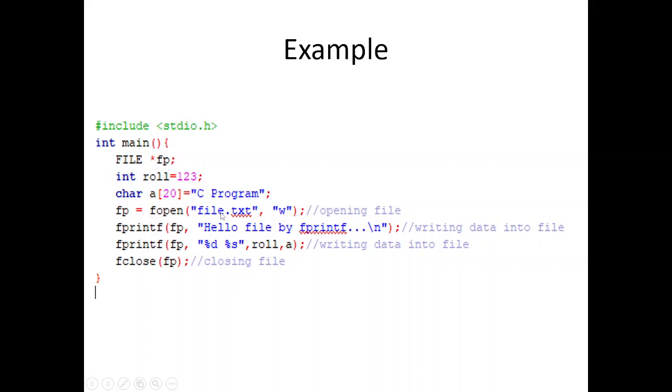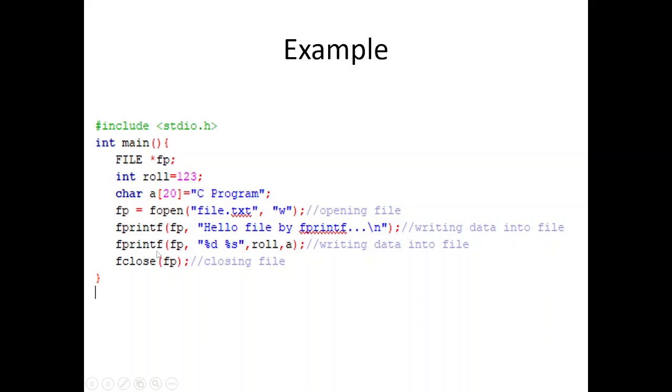So I have opened this file in the write mode, and then using the function fprintf, I'm using the file pointer which I have opened now, and first I'm just writing the complete string hello file by fprintf, right? So this is for my understanding, I'm writing to the file, right?